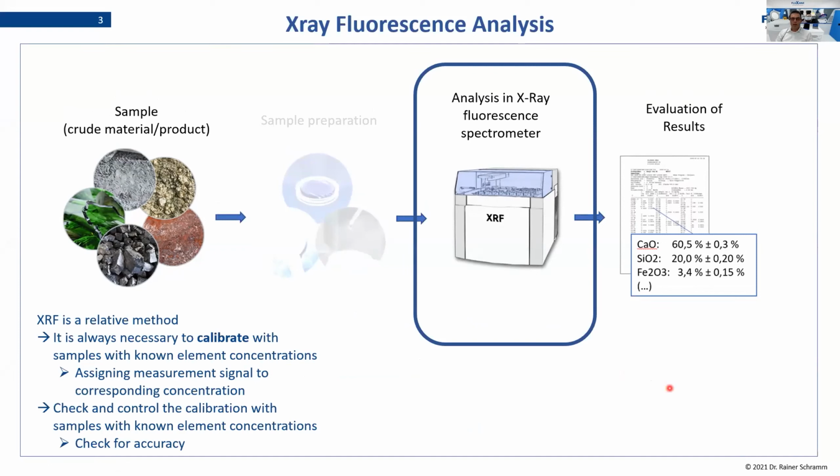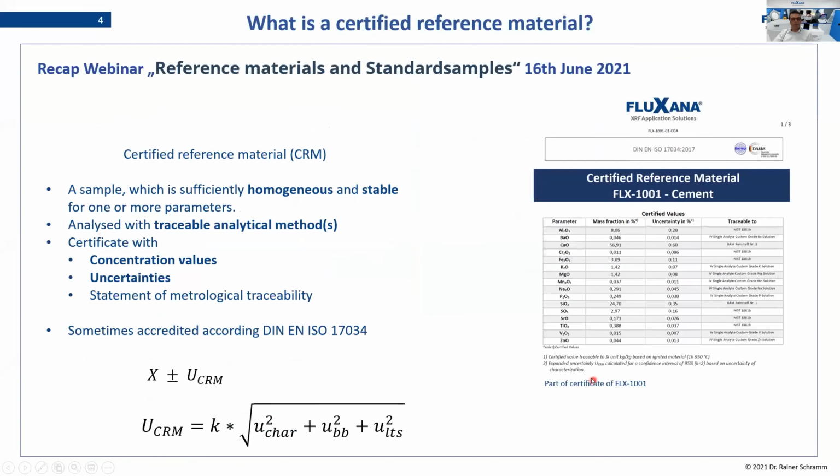That means an X-ray spectrometer always has to be calibrated with known materials, and then you can analyze unknown materials. In this way, the spectrometer is able to measure and determine concentrations. So this is the reason why we need to talk about reference materials and how we get them.